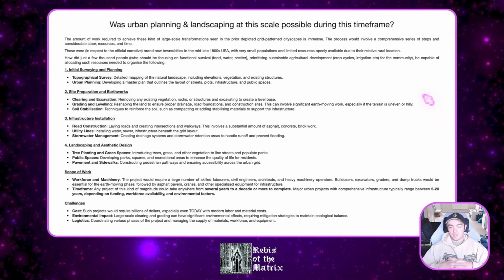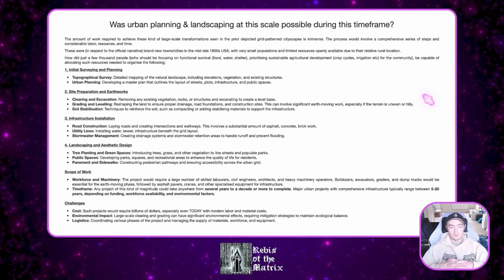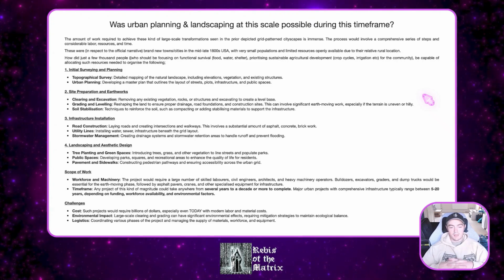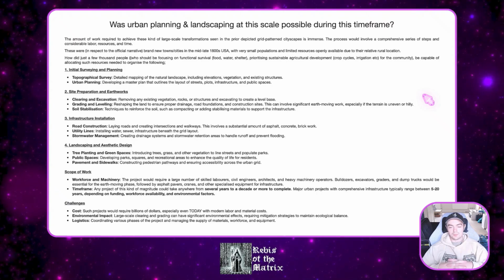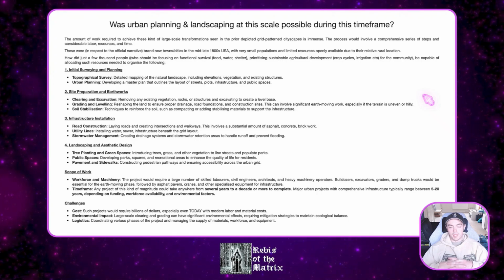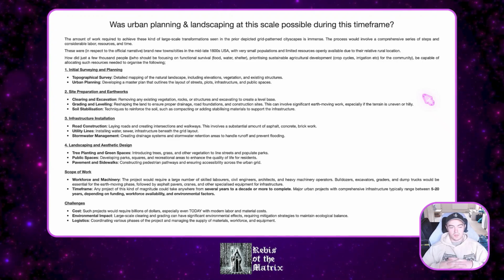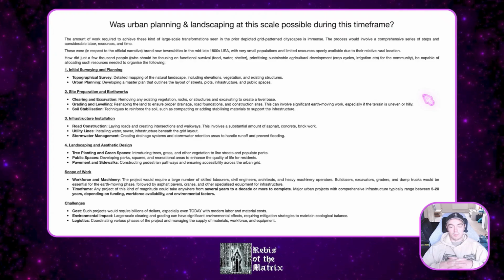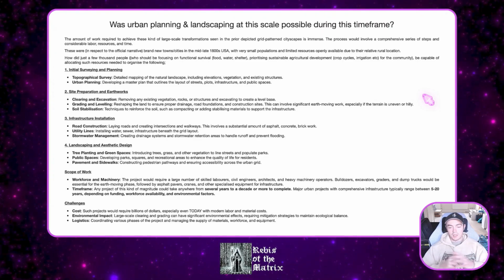Bulldozers, excavators, graders, and dump trucks would be essential for the earth-moving phase, followed by asphalt pavers, cranes, and other sophisticated equipment for infrastructure. They had none of that available other than horse and buggy and pulley systems. Time frame. Any project of this kind of magnitude could take anywhere from several years to a decade or more to complete with the advanced machinery just stated.